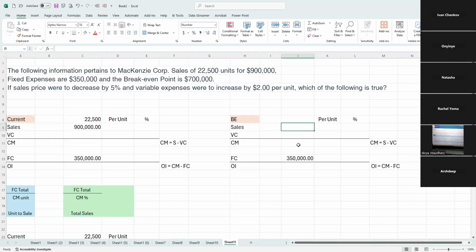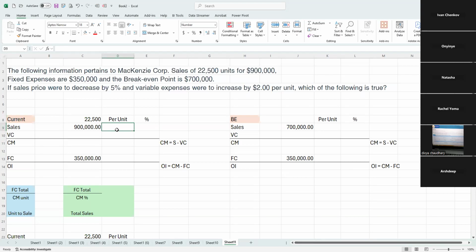Now, at break even, what do I know? I know my total sales are $700,000 at break even. Now, for my current situation, can I get my sales price per unit? Per unit.